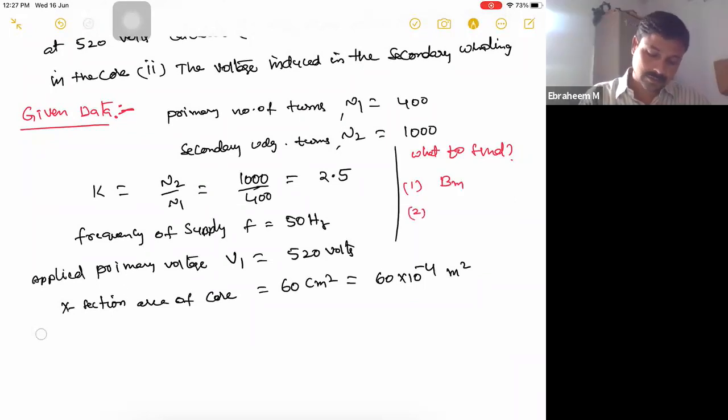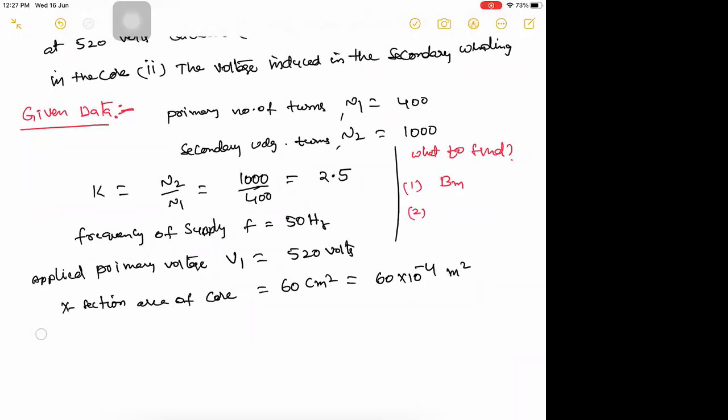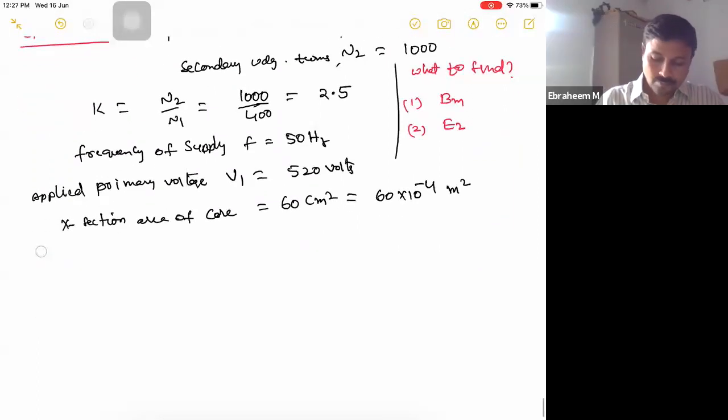Second one is E2. First one, if you see, because it is already given, E1 and N1 are given, N1 and N2 are given. Sorry, V1 is given.